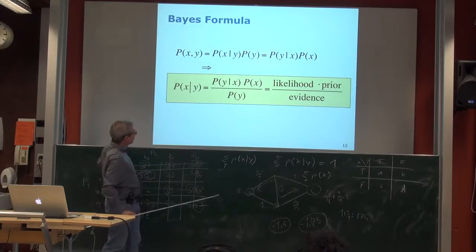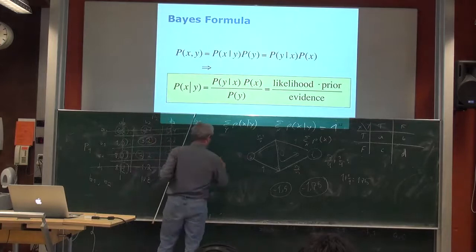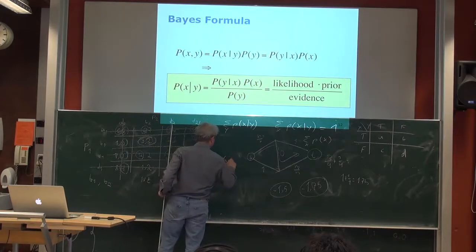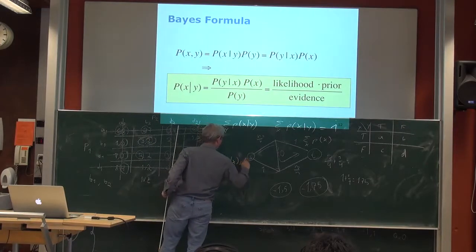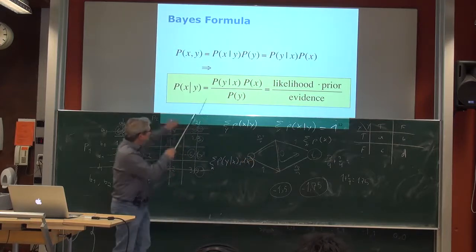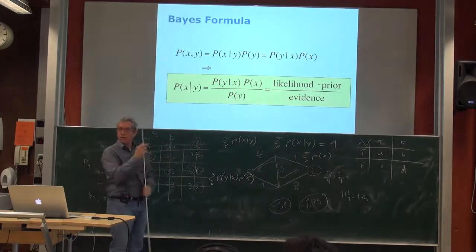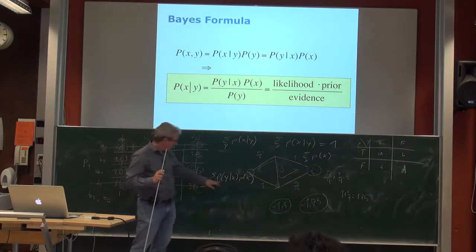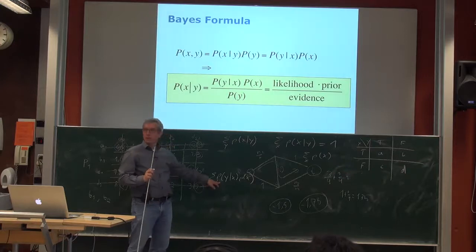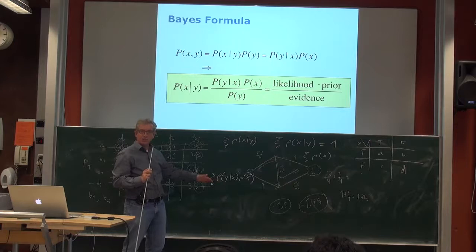So basically what we need to do is calculate p of y given x times p of x, and we sum over all x. These are the values that we maybe get from the way we model things. And if we calculate this, this is going to give us a sum which is likely different from 1.